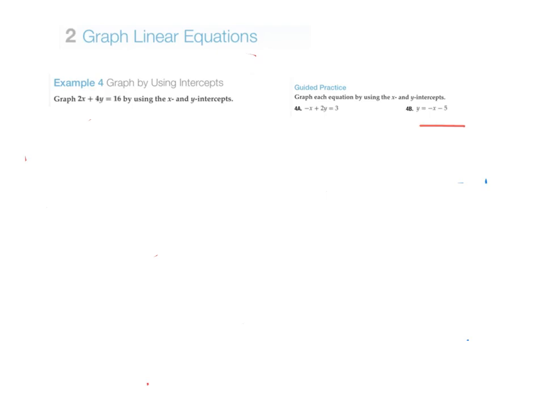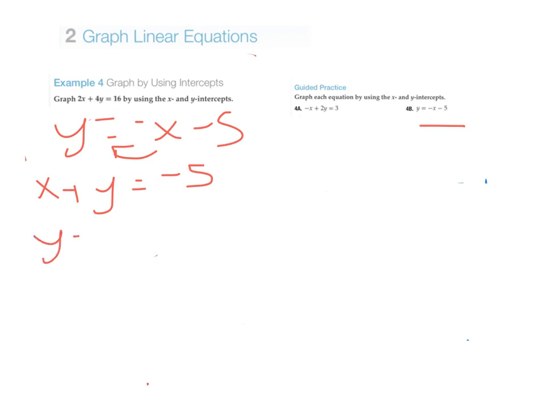All right, this last equation, y equals a negative x minus 5. The problem with this equation is it's not in standard form like the other two. So I'm going to move the negative x over, so it becomes x plus y equals a negative 5. Now I can find my y-intercept by making x equal 0.